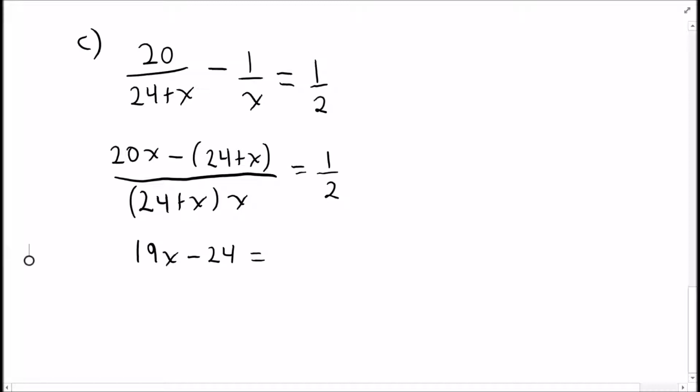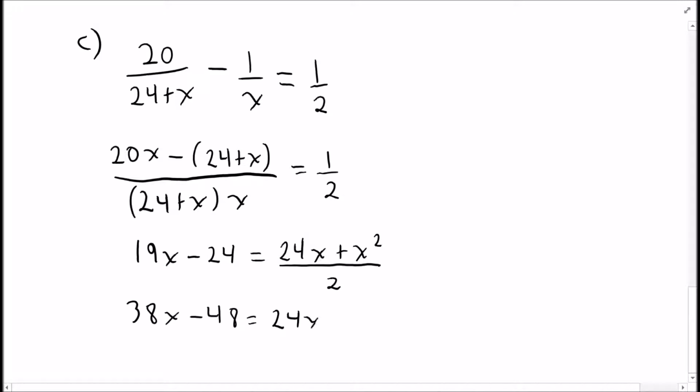is equal to, now 24 plus x times x would be 24x plus x squared, and that would be divided by 2. But I can get rid of that divide by 2 by multiplying by 2, so that gives me 38x minus 48 is equal to 24x plus x squared.